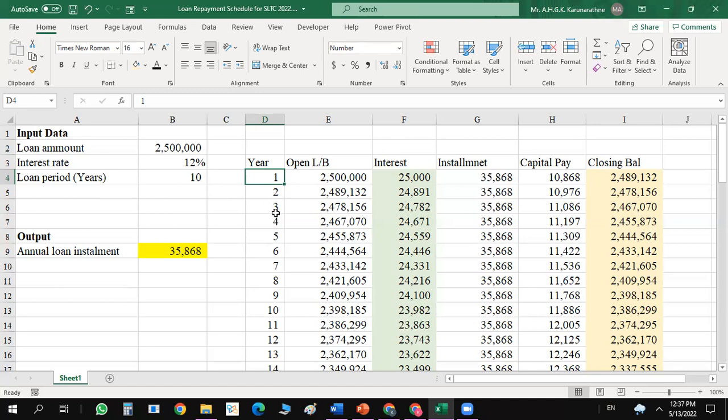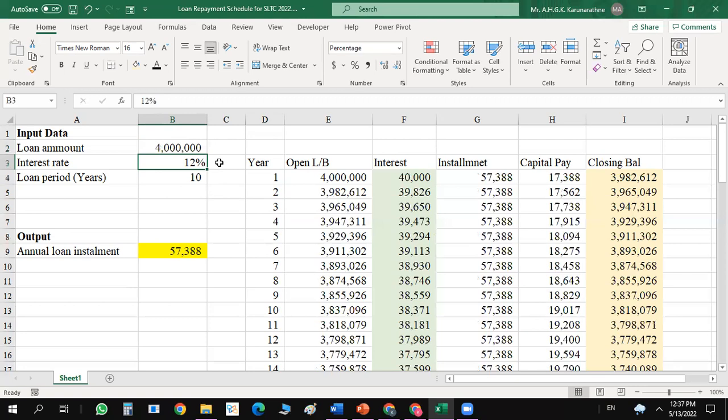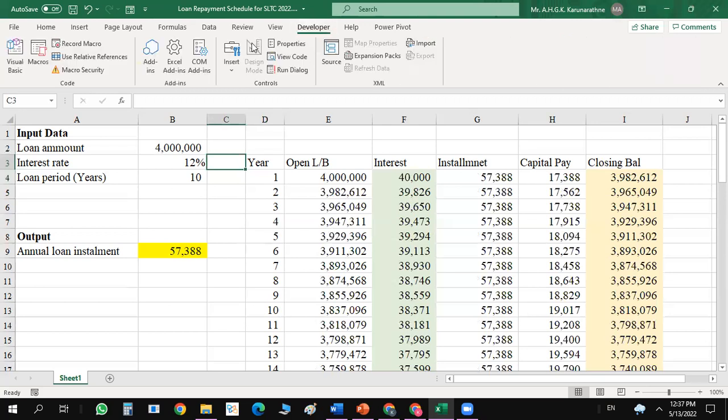Think about it and try to develop a very creative model so that whenever the manager enters, there's no problem with the loan amount, let's say a 4 million loan, and the interest rate can be adjusted. And here you can go to developer and incorporate a scroll button somewhere here, if you are going to make this attractive.